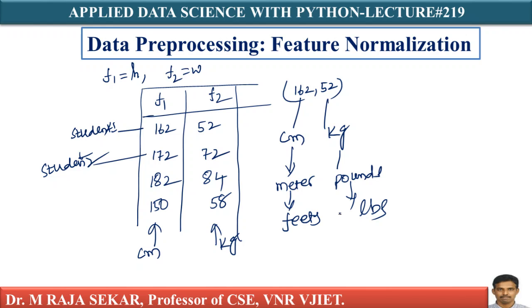So whatever way the data is collected, that may be centimeters, meters, or feet in the case of heights, and kgs or pounds in the case of weights, I want all these values handled consistently.